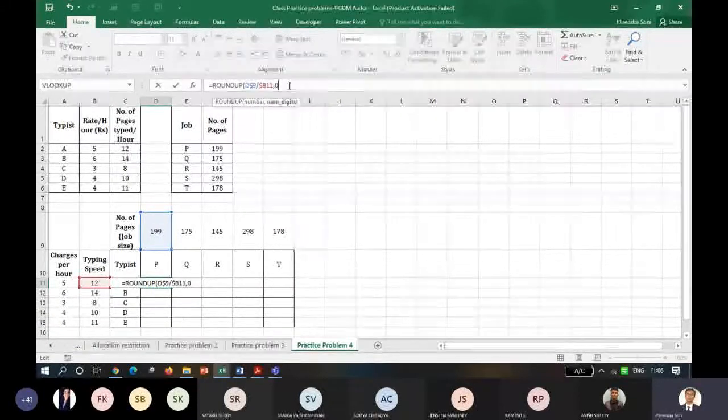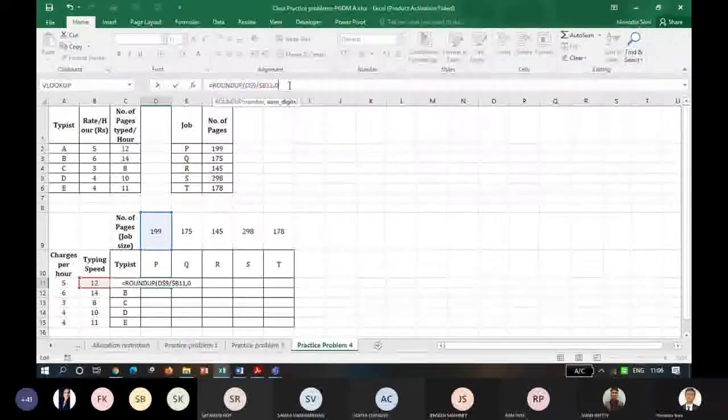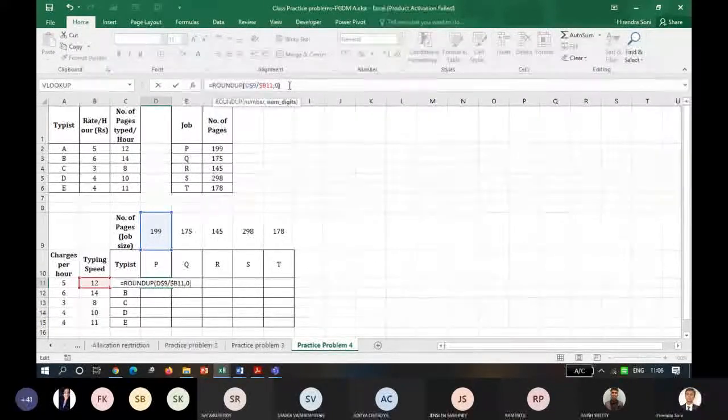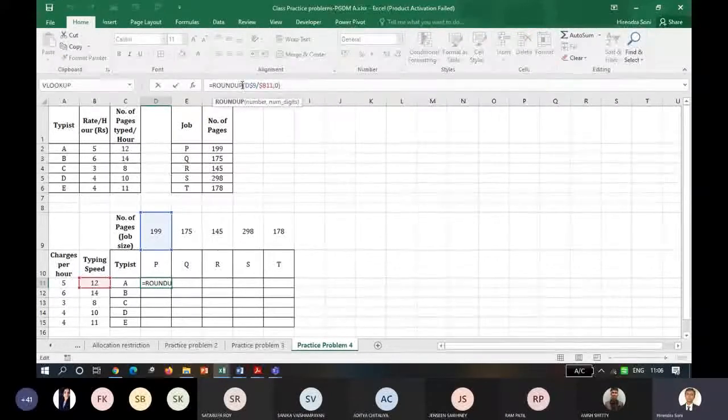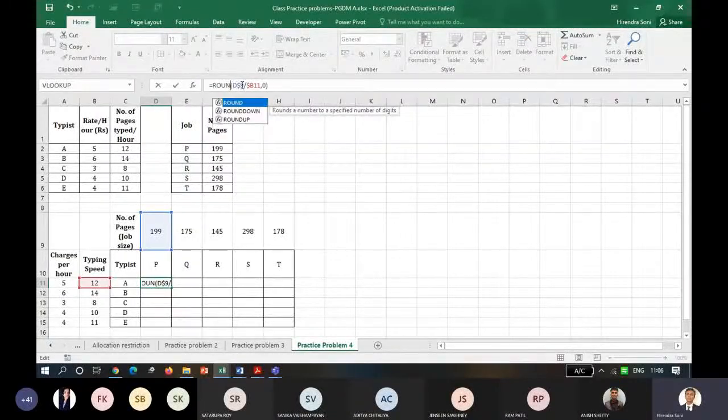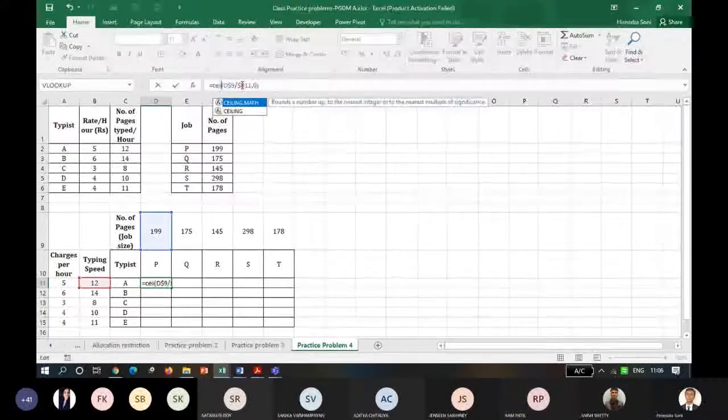There is another formula which we can use, which is called as CEIL, floor and ceil. अभी देखो ये मैंने राउंड अप किया, उसकी जगह पर अगर मैं CEIL भी यूज किया होता, that is ceiling. Okay.